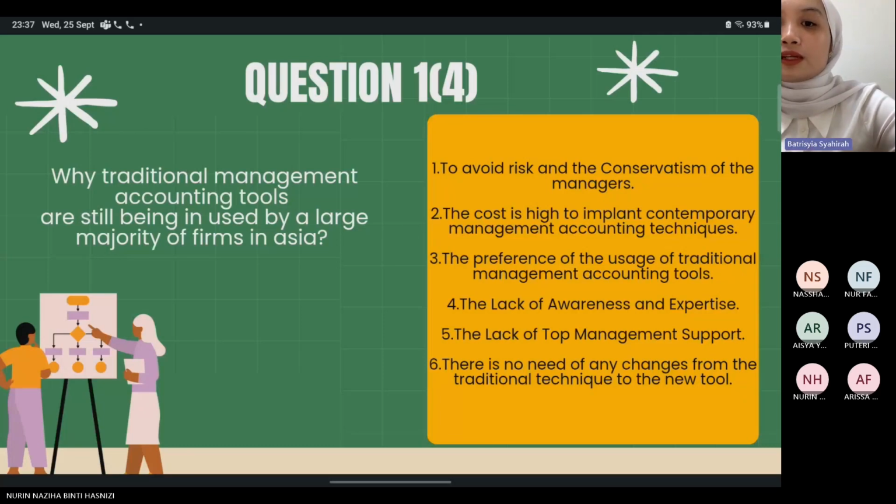Lastly, most firms believe there is no need to change and it's not urgent to move from traditional techniques to the new tools, as traditional accounting methods generally follow established regulations and standards such as IFRS, the International Financial Reporting Standards. These frameworks provide guidelines for financial reporting and ensure consistency, transparency, and compliance in financial practices.